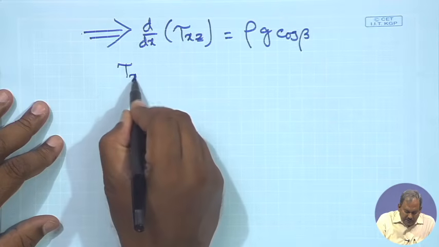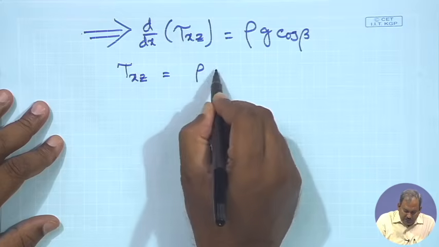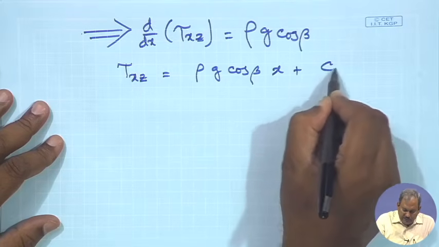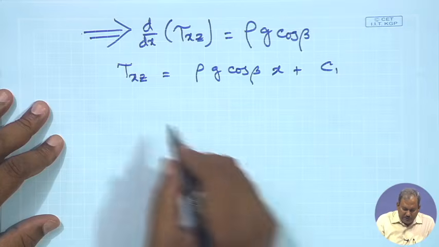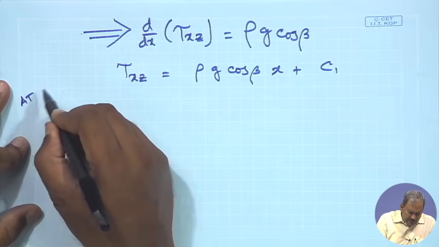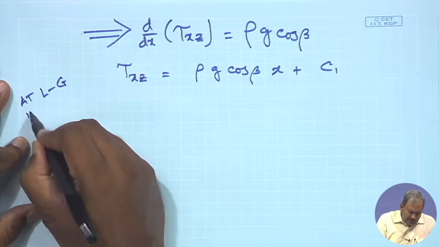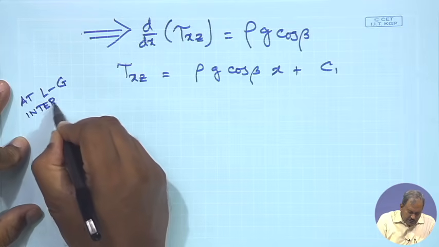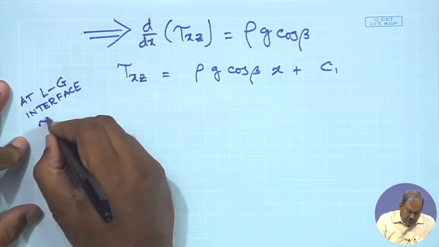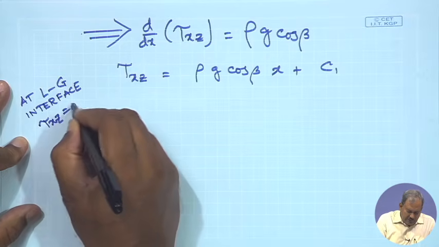So I integrate it once, which gives rho g cos beta x plus C1, where C1 is the constant of integration. And I understand that at the liquid gas interface, tau xz must be equal to 0.